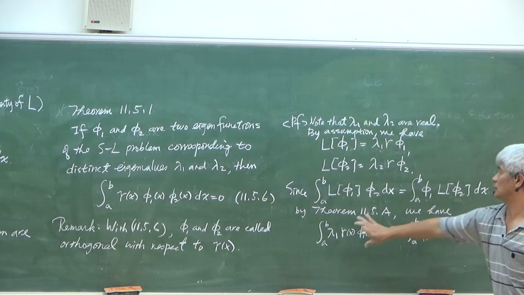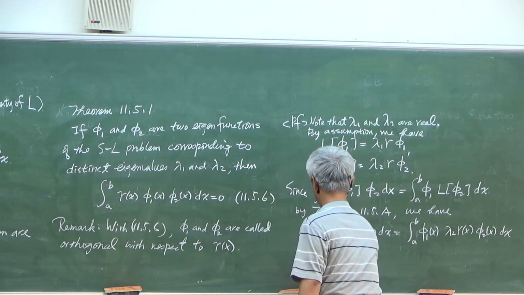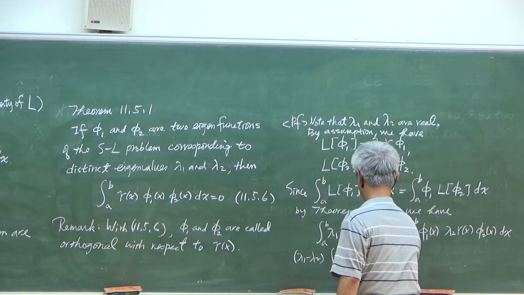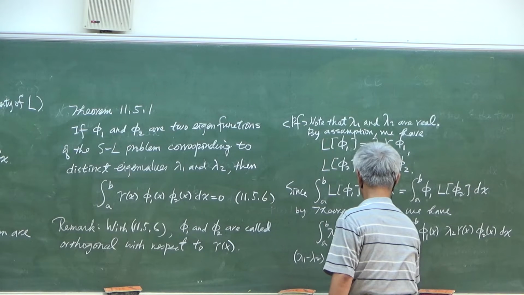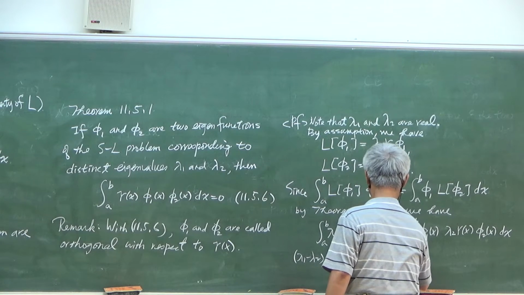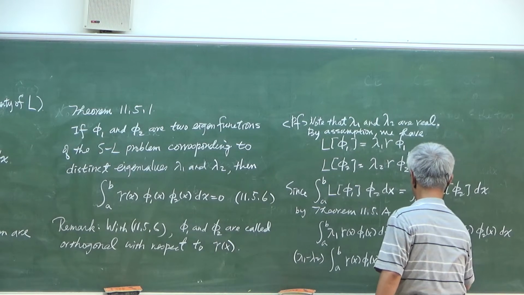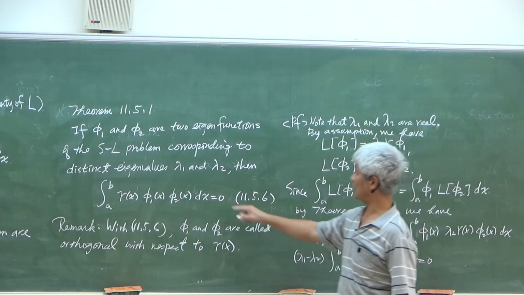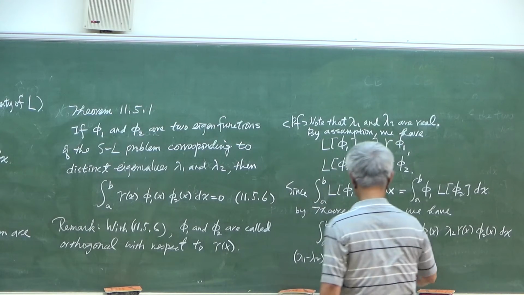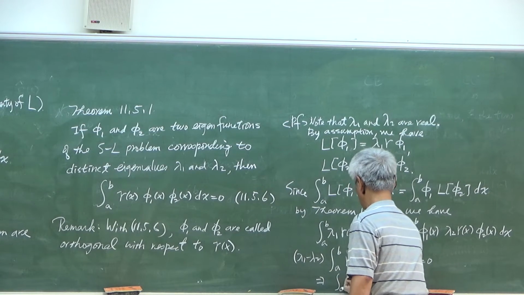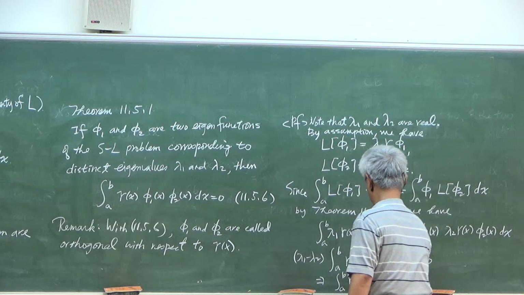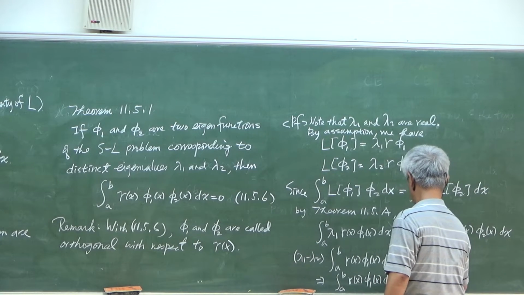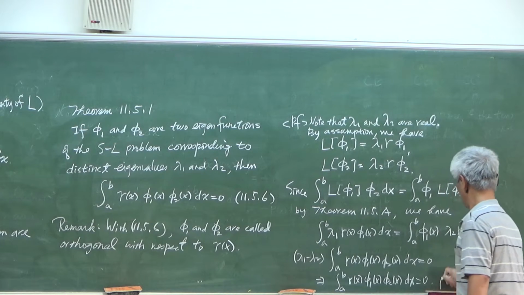And we move this both to here. We have lambda 1 minus lambda 2 times the integral, which is equal to 0. But lambda 1 and lambda 2 are distinct, so this is not equal to 0, right? So this implies that the integral from a to b of r x phi 1 x phi 2 x dx equals 0.